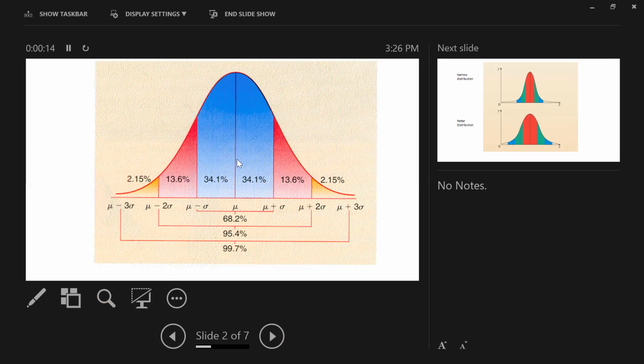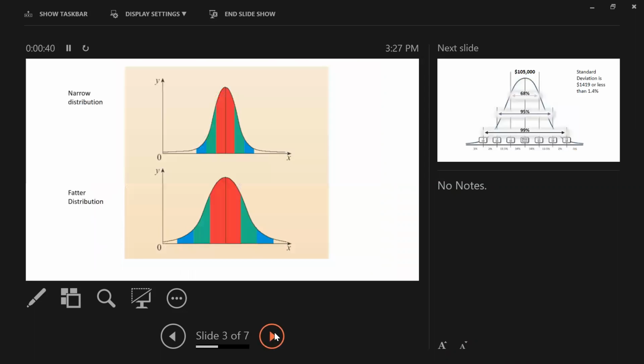If we go one standard deviation positive over our most probable estimate and one standard deviation negative, we get 68.2% of the distribution of the true values that are out there. And you can see if we go out two standard deviations, it's 95.4% of what's possible. Three standard deviations, it's 99.7% of what is possible.